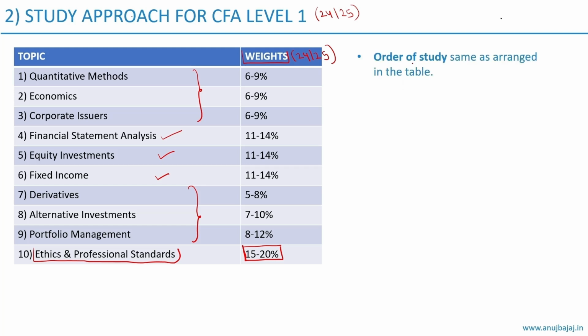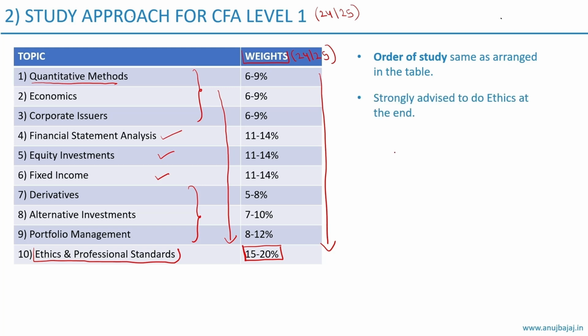And the order of study is the same as arranged in the table. You start with quantitative methods. This provides you with a strong base for the calculations that you might need in the next learning modules. And it is advised that ethics should be done at the end.